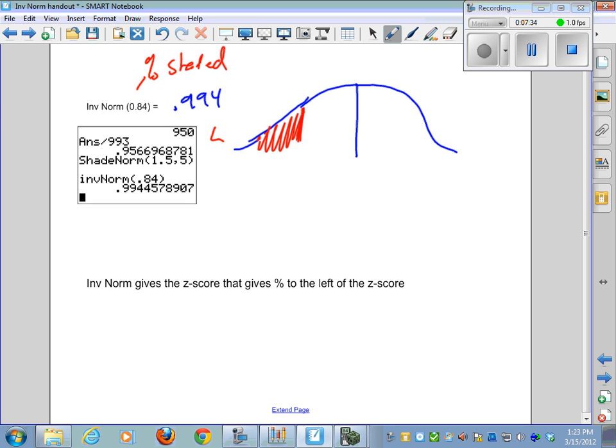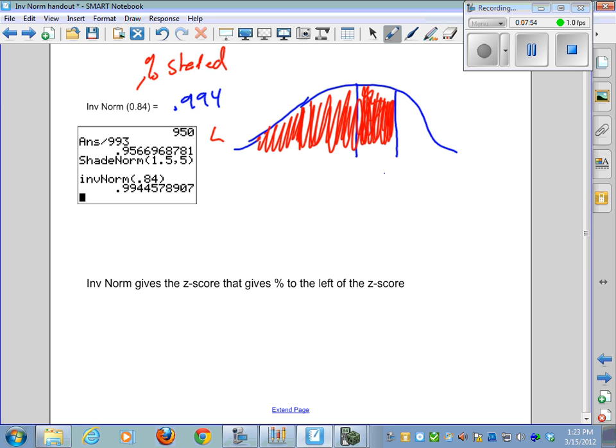Would I be to the left of half or to the right of half? Clearly to the right, because half is 50%, and I need to shade 84%. So I keep shading until I get about 84%. About there or so? Roughly? Okay.